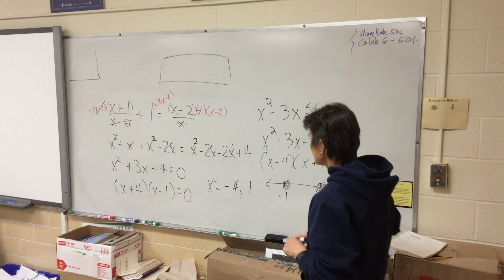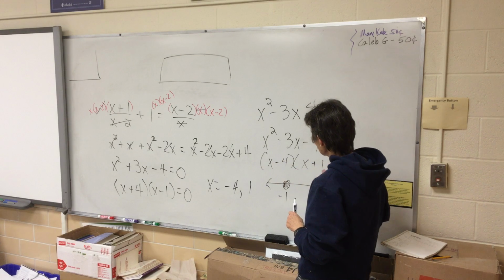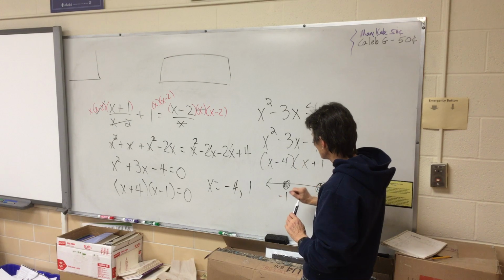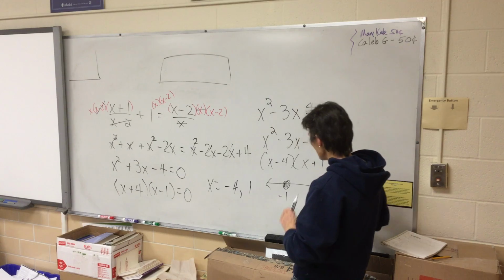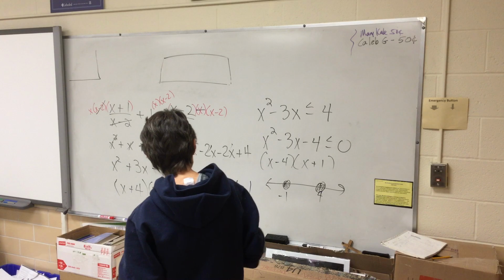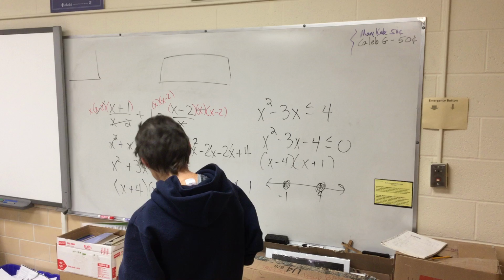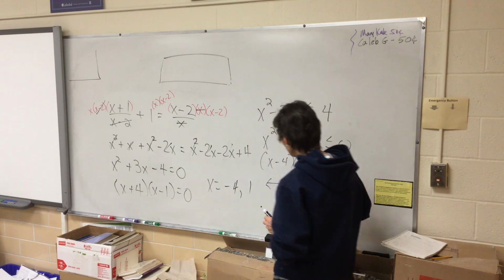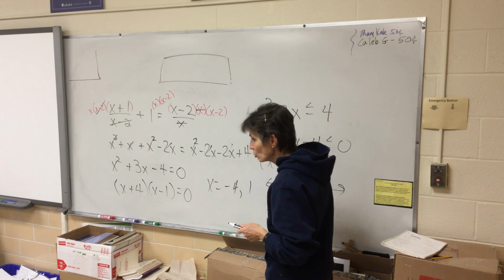Now I need to shade somewhere, and I know that my regions will alternate because my factors aren't squared or anything, they're just regular old factors. So I know that, for example, I could shade, not shade, shade. I know they'll alternate. I just have to figure out how to get started there on this shading. So what could I do? You could plug in -2, I absolutely could. And I actually could plug in lots of things. -2 is a great choice.